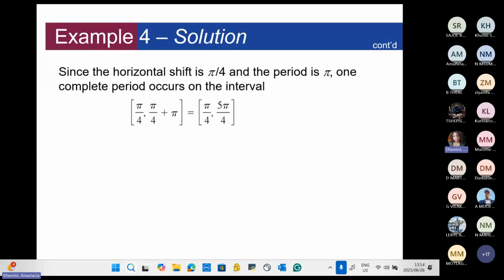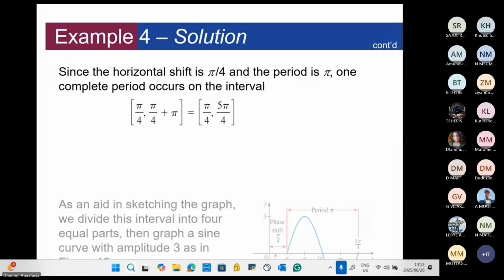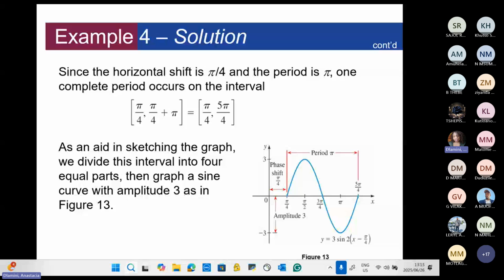You don't just wake up and draw. You want an appropriate interval where you start. It has been phase shifted by pi over 4 units to the right. And the amplitude is 3. From here to here, it's 3. From here to here, it's 3. And the distance from where your graph starts to where your graph ends should be pi.